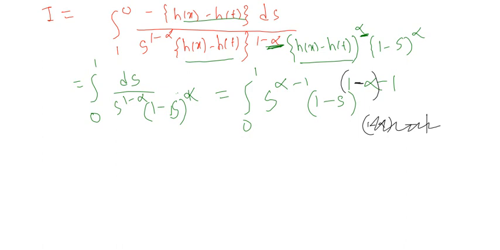So this is nothing but the beta of alpha comma 1 minus alpha, which is nothing but sine of this. I will not repeat it again because we have already used this identity in the previous lecture. Okay, so this comes out to be equal to sine alpha pi by alpha.